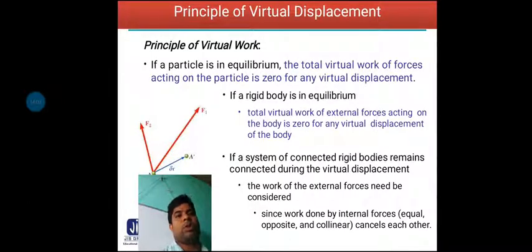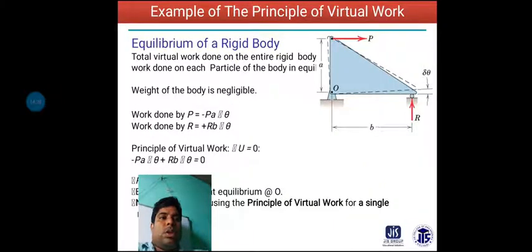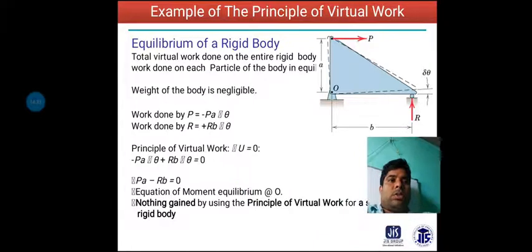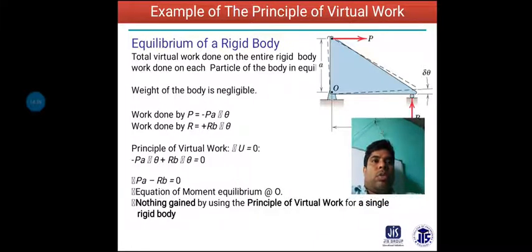So if the system of the concerned rigid body remains connected during the virtual displacement, now the work of the external forces can be considered, since the forces are equal, opposite and collinear. Now in the equilibrium of a rigid body, we know that the total virtual work done on the entire rigid body is the work done on each particle of the body.